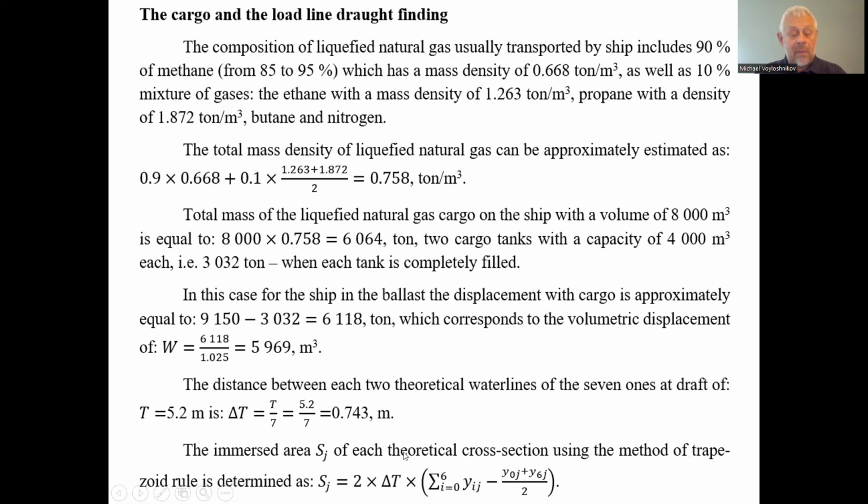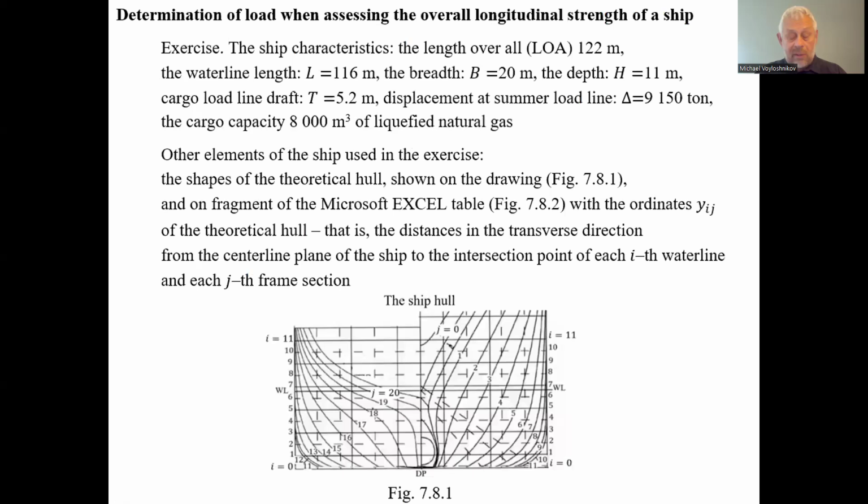5,969 cubic meters. The distance between each two theoretical water lines of the 7 is taken at a draft of 5.2. We have assigned the load line draft 5.2, and we divide it by 7 in the theoretical plane, for water line number 7, the cargo water line.